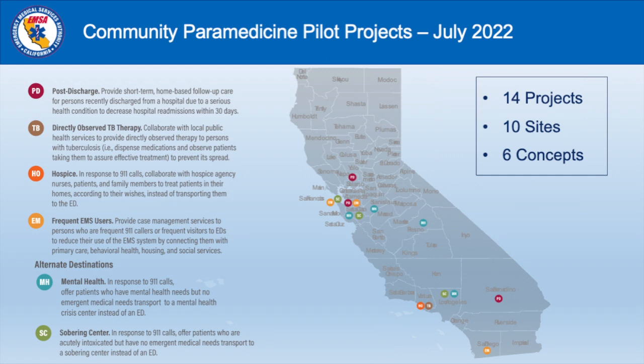And each one had selected a concept or two concepts to test within their community. So not all of these are doing all of these concepts. They're doing one or two because it was really a test under the pilot project.